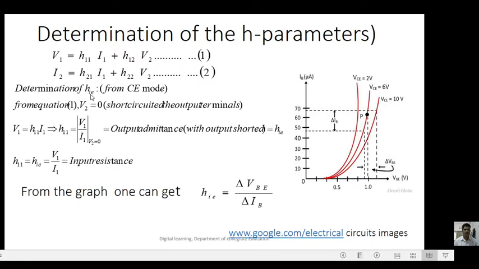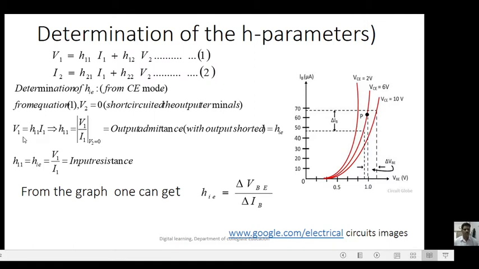Determination of HIE from CE mode. We have already learned about the CE configuration of amplifiers. From equation 1, V2 is equal to 0, which means the output terminals are short circuited.